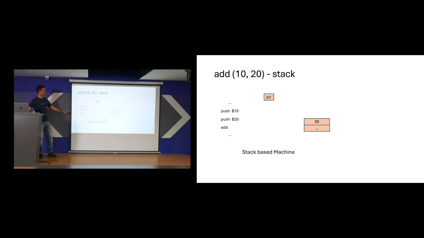This is what is called a stack-based machine. Okay, clear? Register-based, stack-based? All right, good. One of the assignments for you is going to be thinking about as many differences as you can find between stack versus register-based machines.